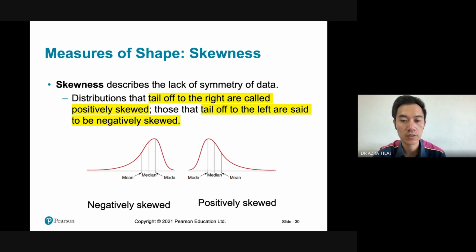If the tail is skewed to the other side, that means there are fewer points recorded on the tail, rather than at the peak, where a lot of information is recorded compared to the end of the tail. So this is what charts normally represent.